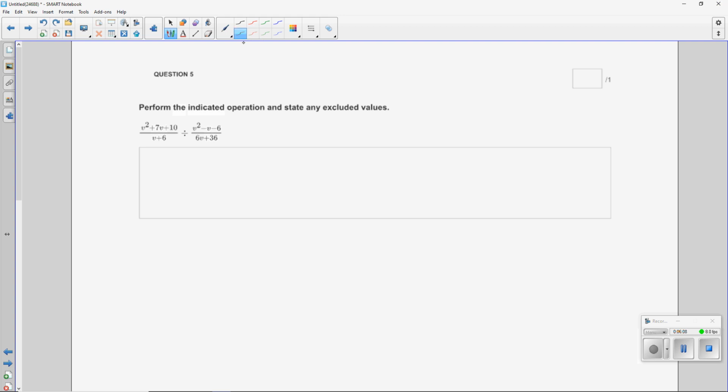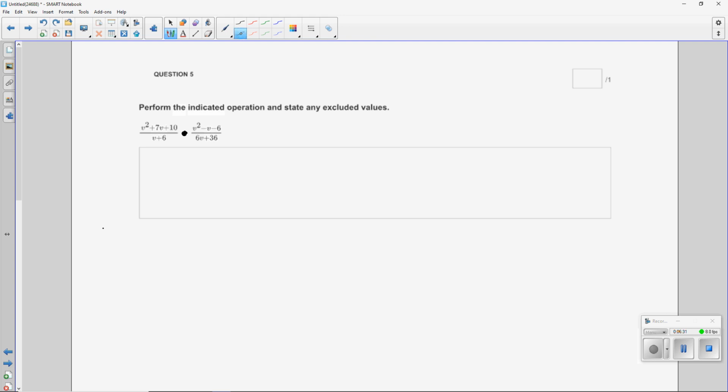Number 5 is a division problem. So before we factor, before we list restrictions, we want to change this to a multiplication problem and flip the second fraction, because of course we are dividing.